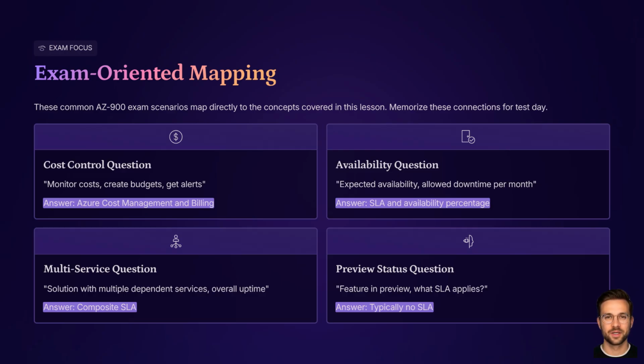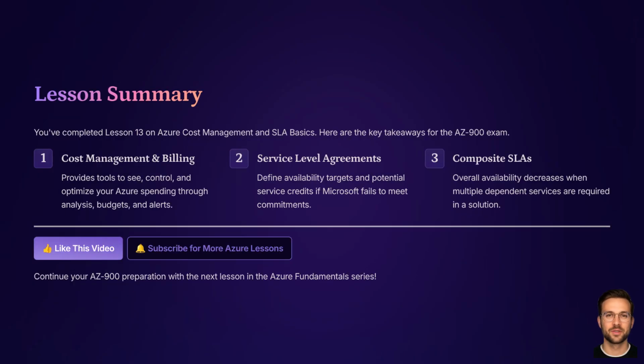Let's recap what you learned in this lesson. You learned that Azure Cost Management and Billing helps you track, analyze, and optimize your Azure spending using tools like cost analysis, budgets, and alerts. You saw that budgets allow you to define spending limits and receive notifications when costs or forecasts reach certain thresholds.